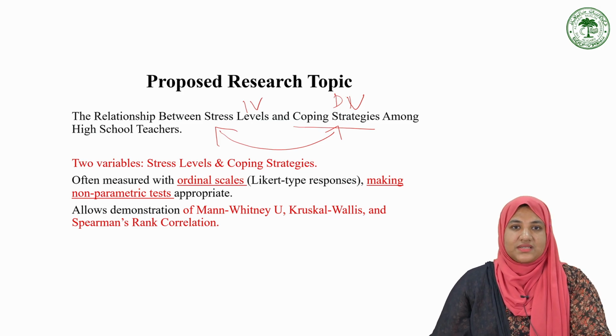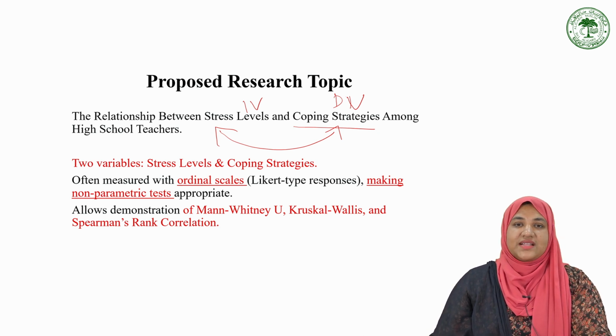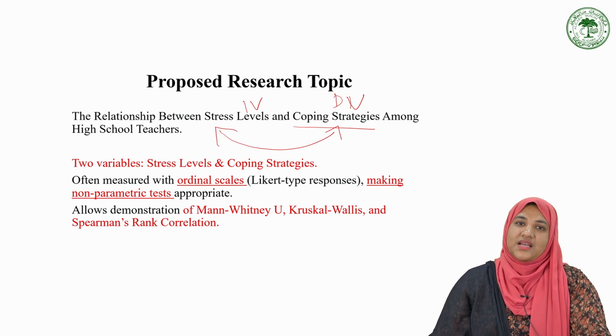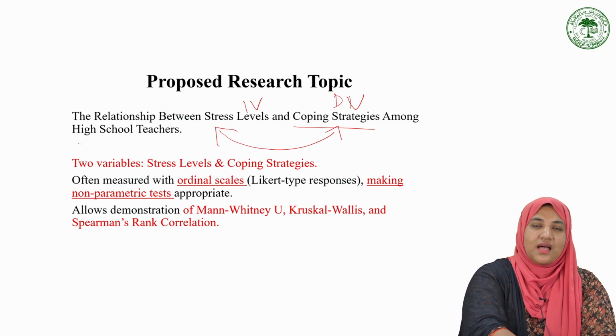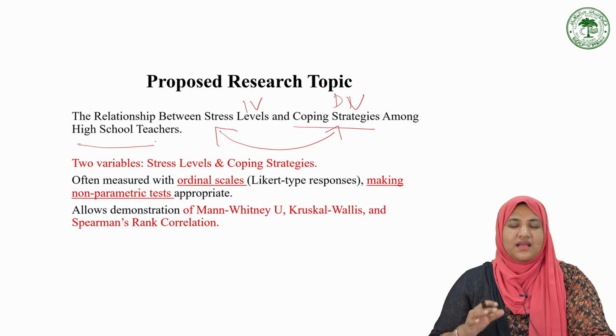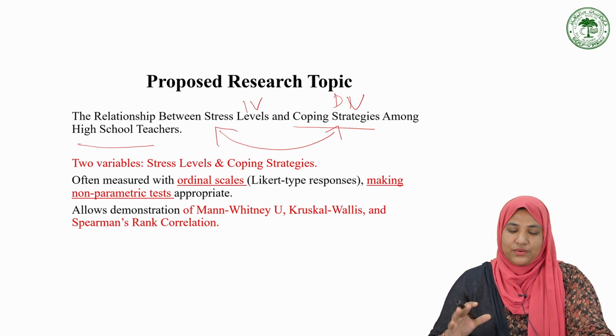When the stress level is increasing, whether they are able to cope with different situations or vice versa. That is stress levels and coping strategies among the high school teachers. Our sample is the high school teachers. So that is the example of a proposed research topic that we have taken over here.